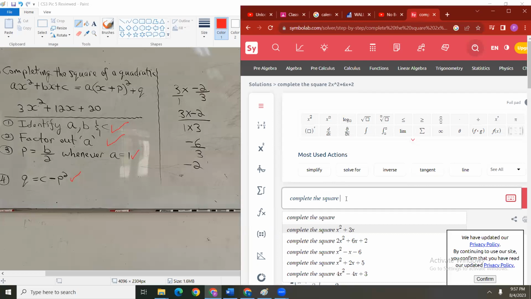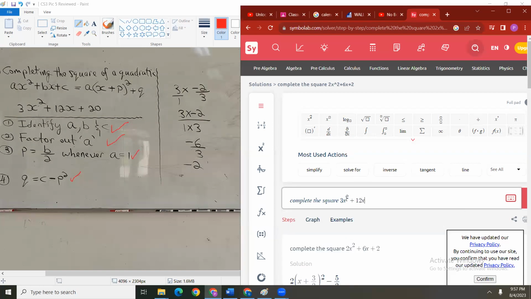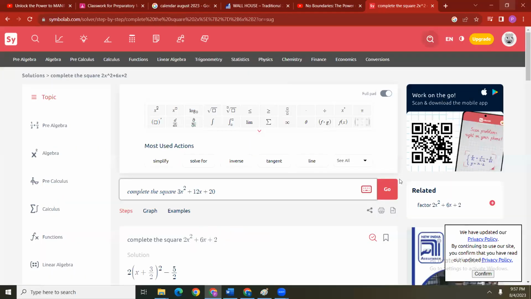To get the square, you type shift and 6, that's where the power raised is, the upward arrow, and you put 2, then your right arrow to move towards the right, plus 12x plus 20. And you can type go, or you can type enter.